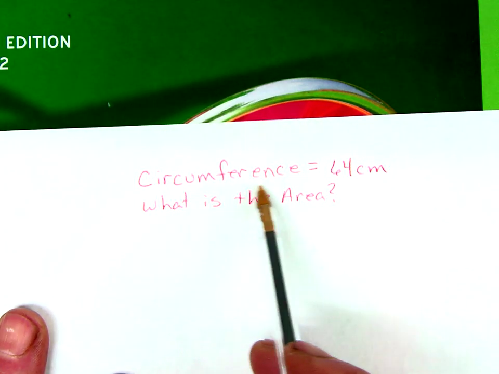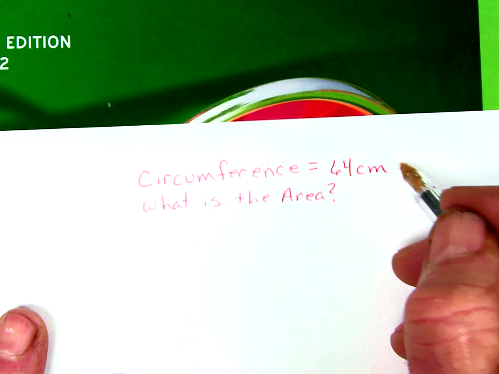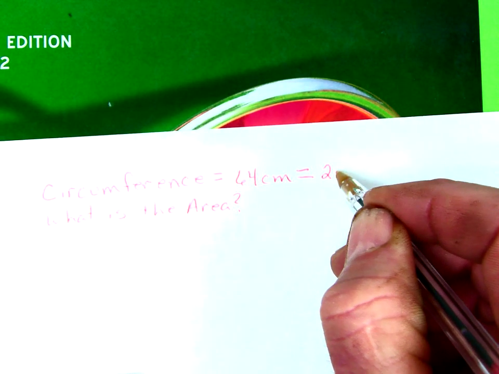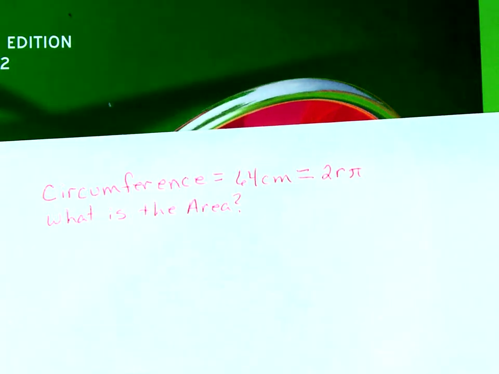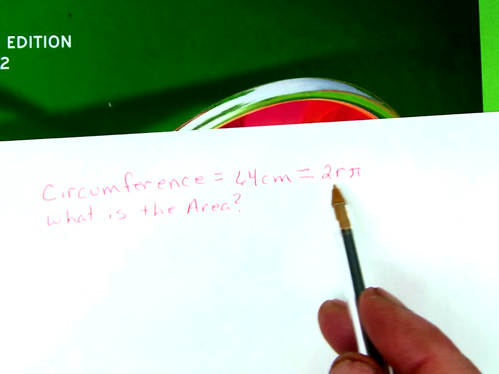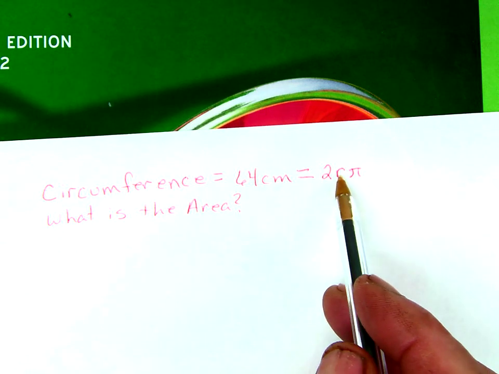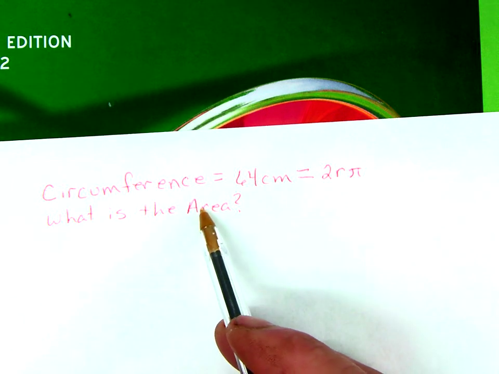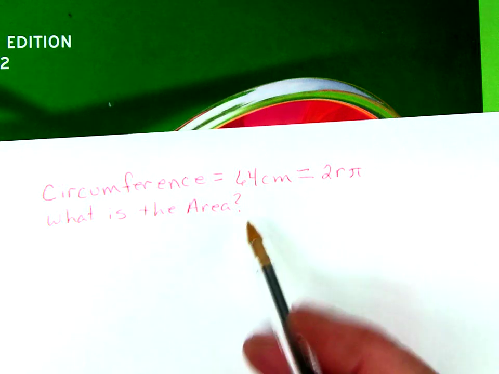Now, if they give me a circumference, here's one thing I know about circumference. It comes from 2 times the radius times pi. So there's my equation that I need to solve. If I solve this, it will tell me how much r is. And then I can use that value to calculate the area.